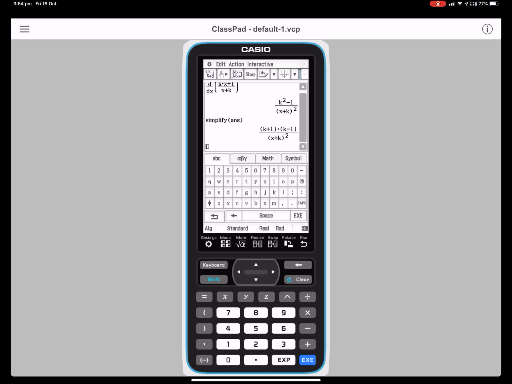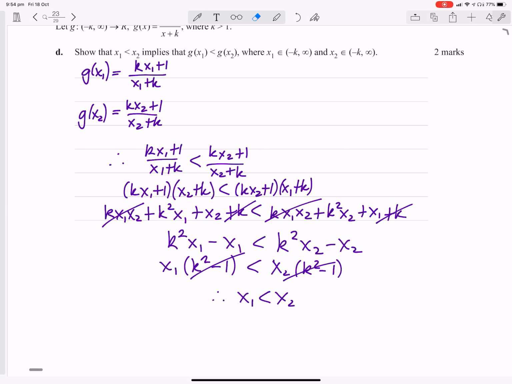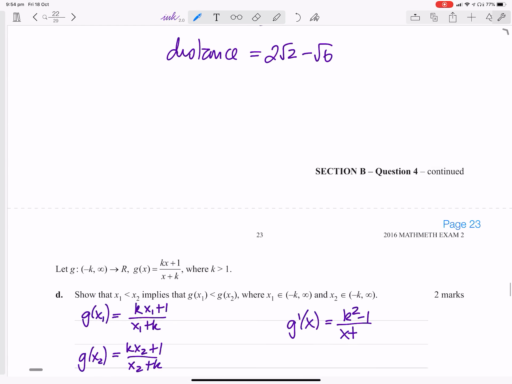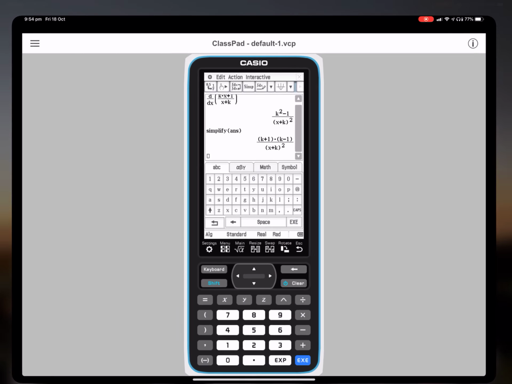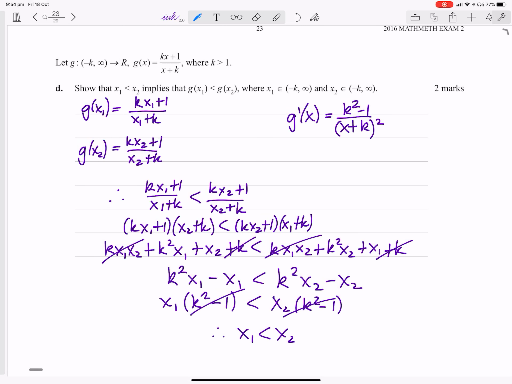So you got k squared minus 1 on x plus k squared. G dash of x equals k squared minus 1 on x plus k squared. There it is. K is always greater than 1. I was looking at this.